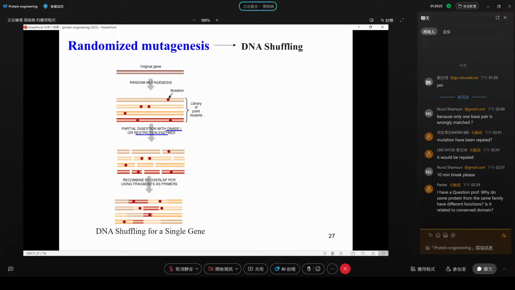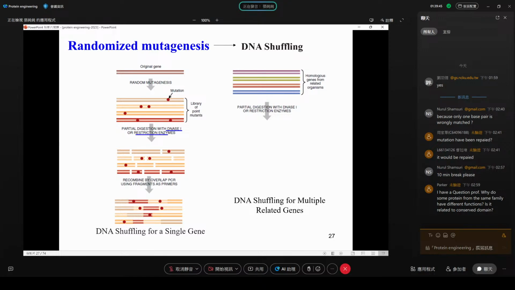They become brand new genes. You can do the same thing with proteases. They all have a specific catalytic domain, but I don't know which one will be better, so I will shuffle them together. They probably will give us 3 cutting sites, 3 different domains. After DNA shuffling, it will generate 3 proteins, a brand new version.